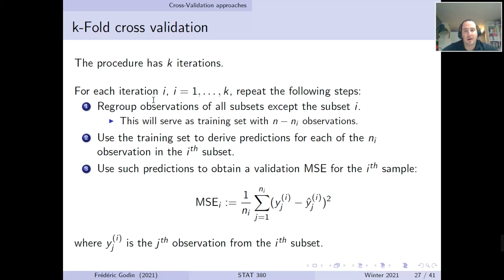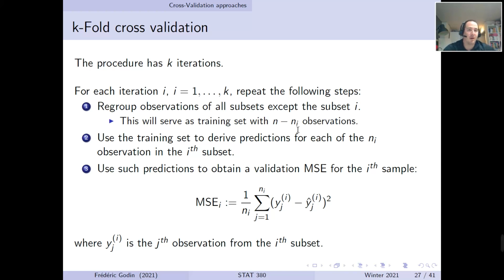For iteration i, we're going to pool all the observations from all subsets except the subset i. This pooling of observations will serve as a training set with a number of observations n minus n_i. So we take all observations except those from the ith subset.